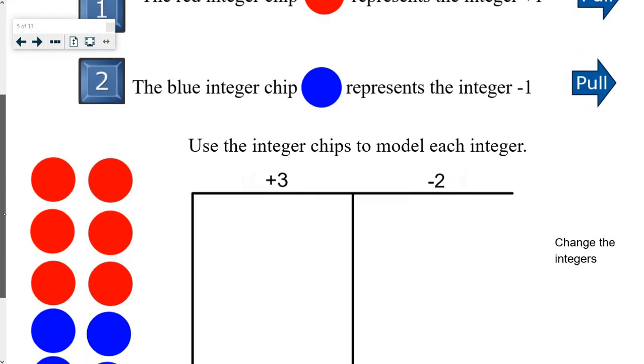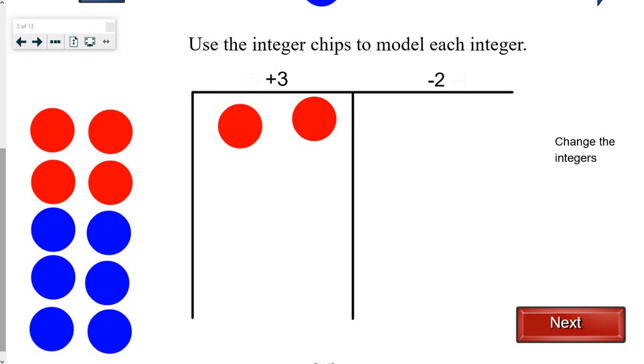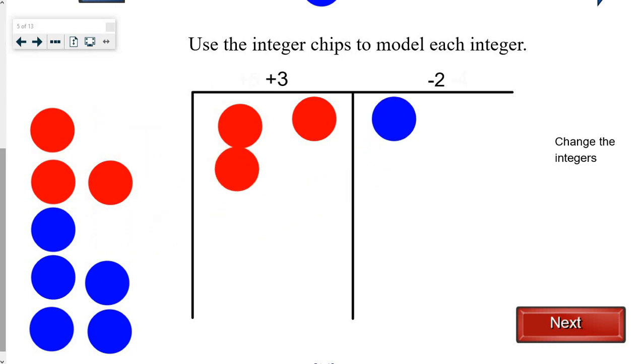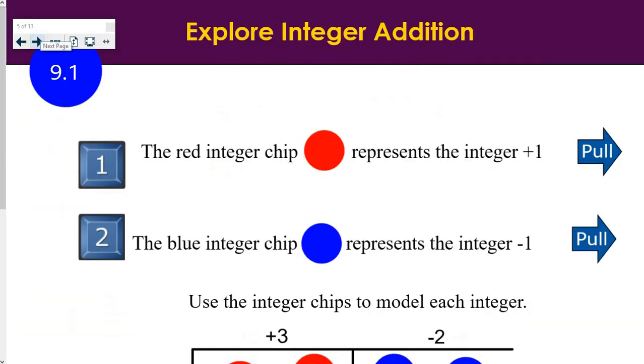So red is positive, blue is negative. So here, positive 3, we're going to drop 3 reds, and then negative 2 is 2 blues. So positive 3 and negative 2 is 3 reds, 2 blues. So the red chip represents that.